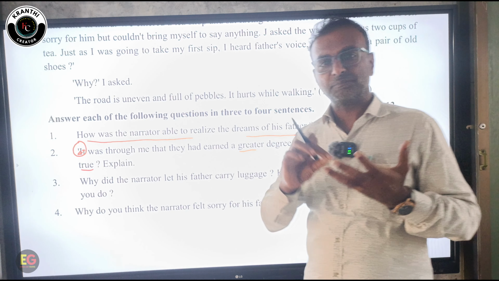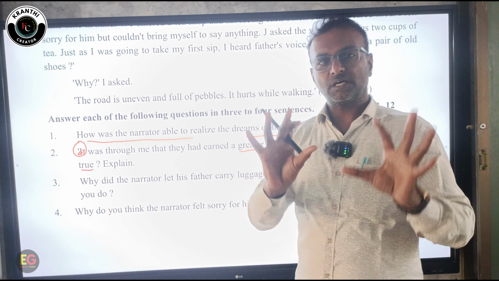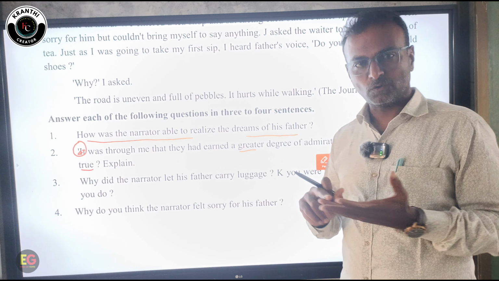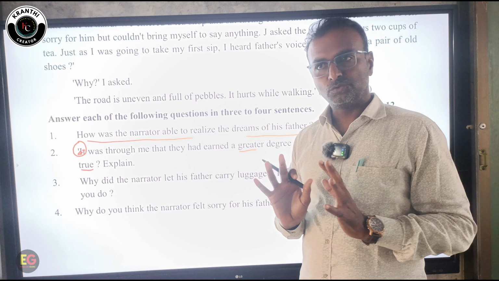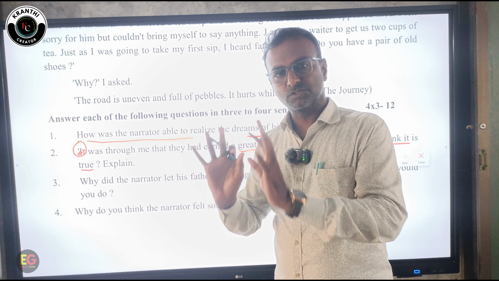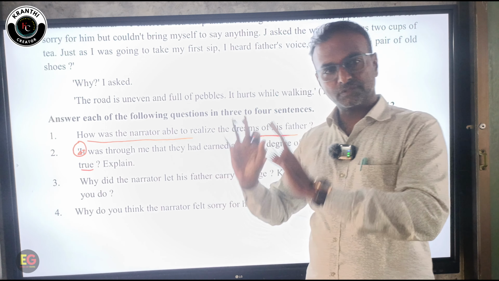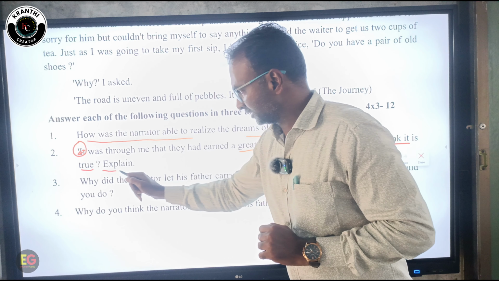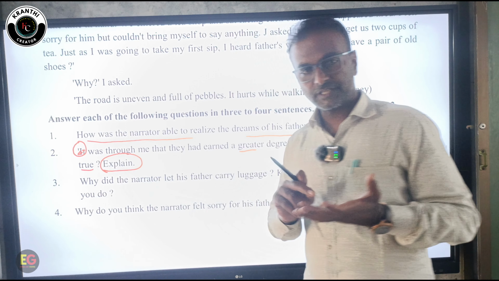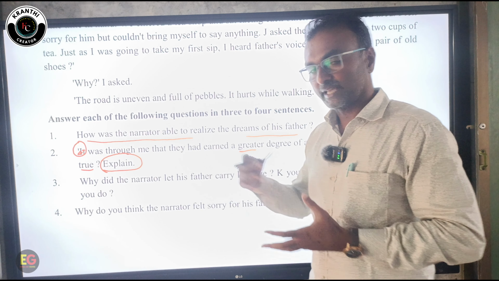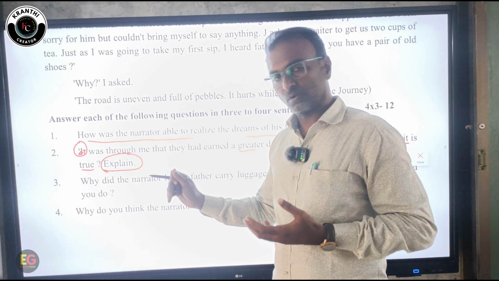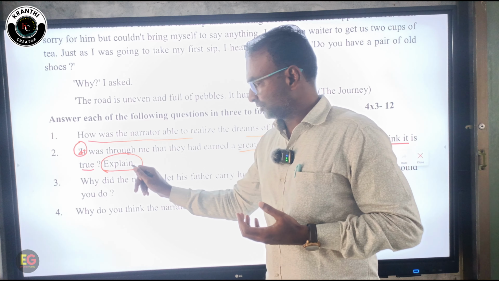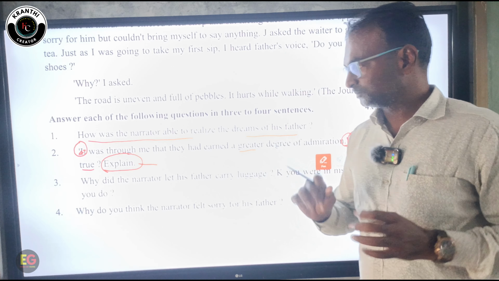If the question begins with an auxiliary verb, your answer must be either yes or no. Either you support the answer or you say against the answer. Another word is given: explain. If you say yes, please explain why. If you say no, you also have to explain why not.